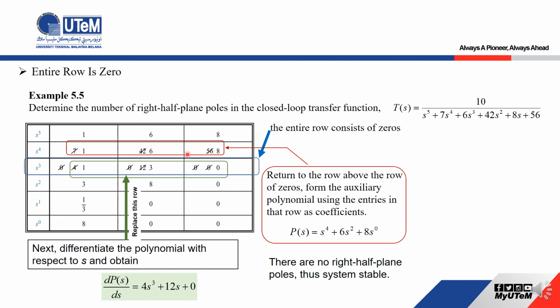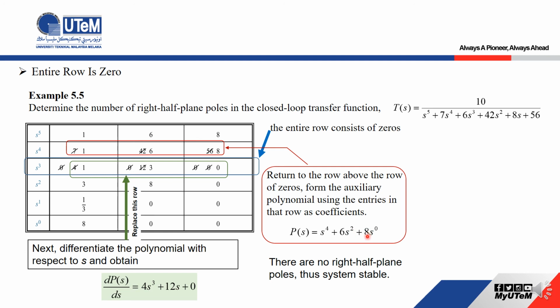So from here, the polynomial equation that we use in this case is P(s) equal to s to the power of 4 plus 6 s to the power of 2 plus 8.